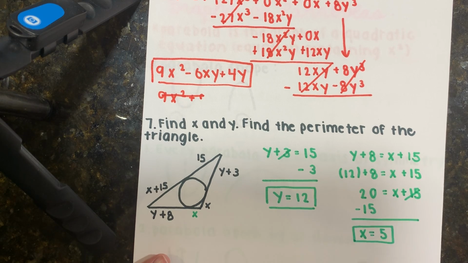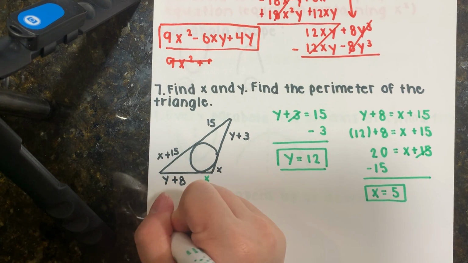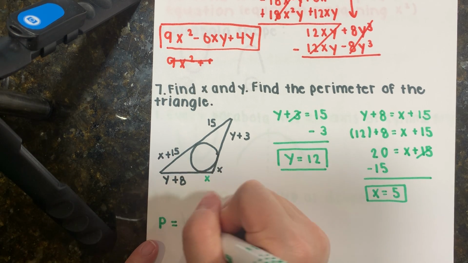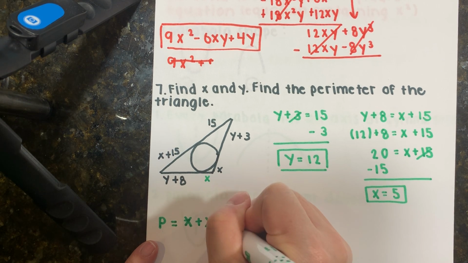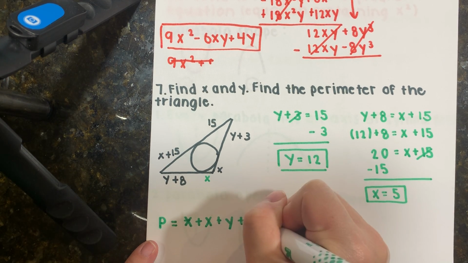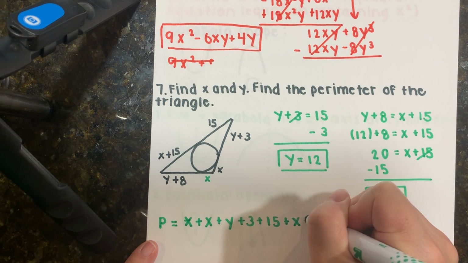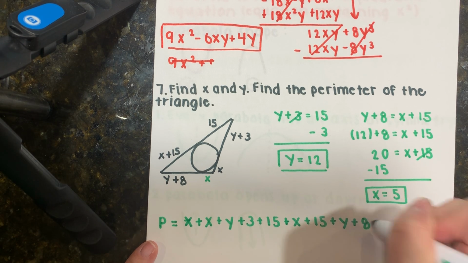But you're not done yet because they ask you also for what the perimeter of the triangle is. So perimeter, remember, is just all the sides added up. So this would be x plus x, plus y plus 3, plus 15, plus x plus 15, plus y plus 8.